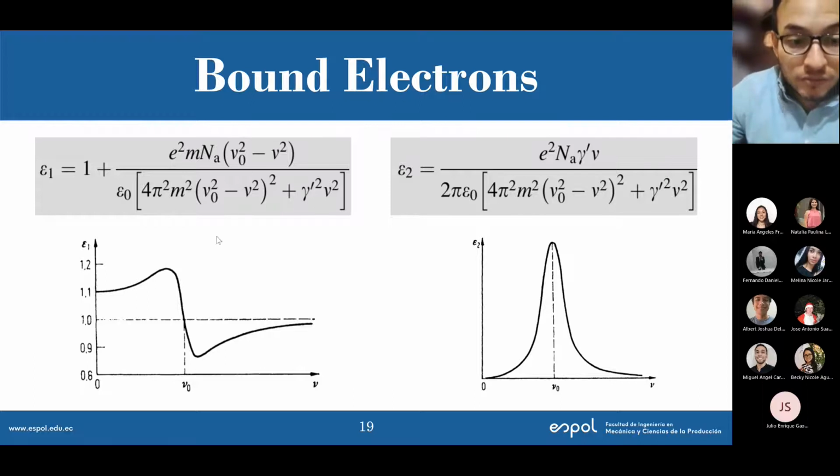You can see that at very high frequency, epsilon 1 is approaching 1 as well. The behavior becomes asymptotic, approaching 1 in the far frequency range. And here also, in the far frequency range, the absorbance goes towards 0.